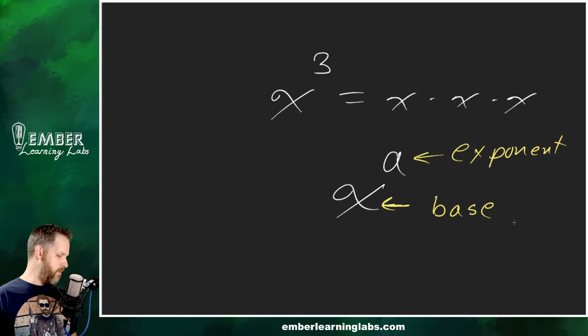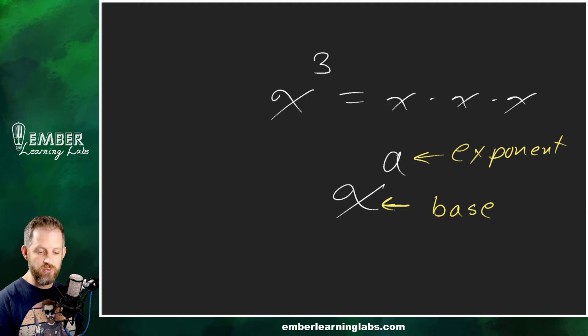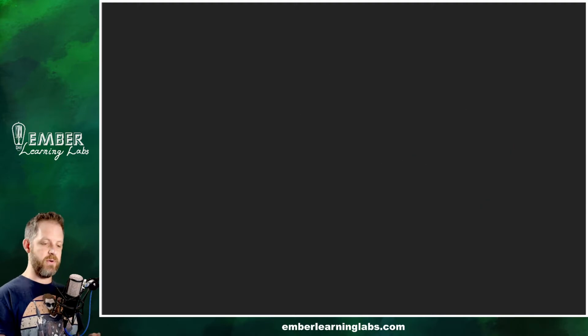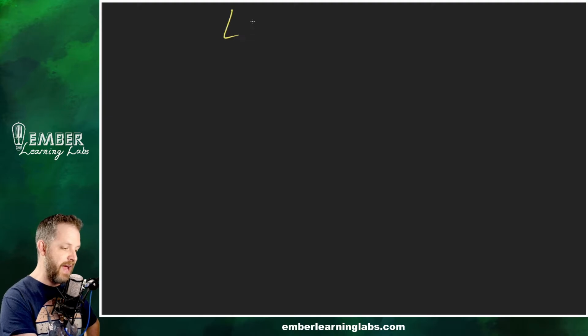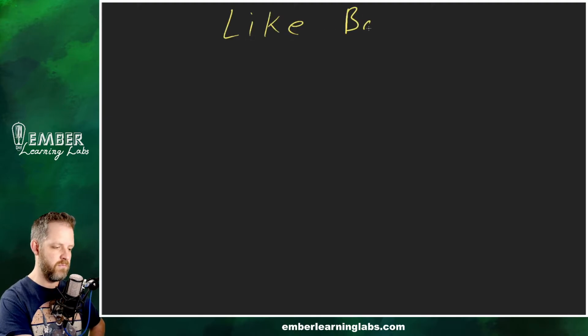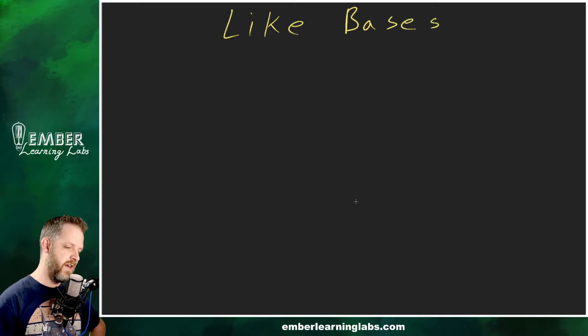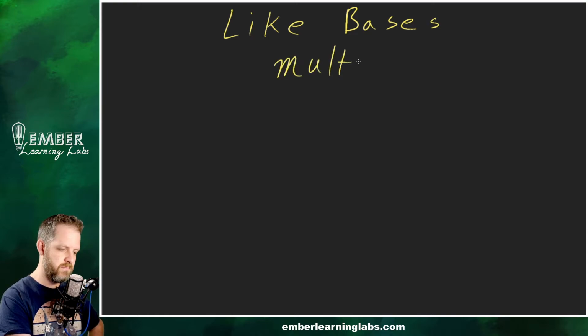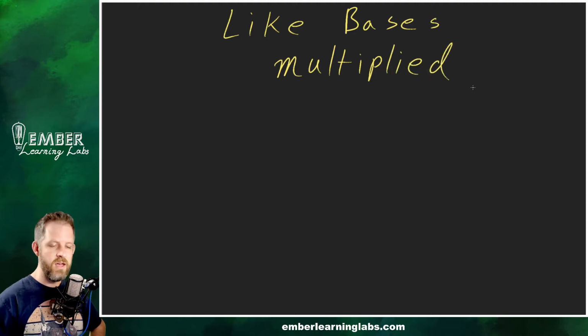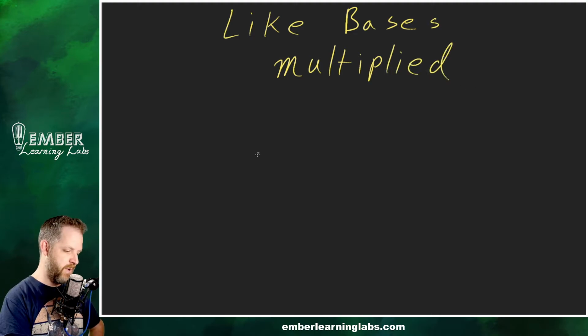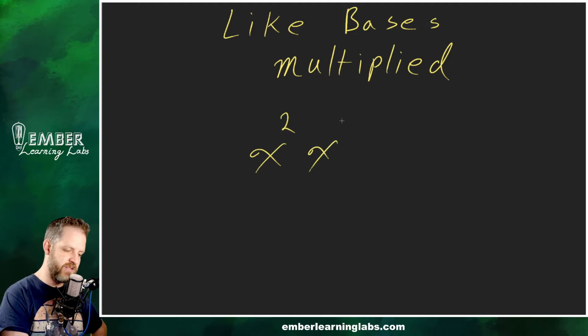All right. So the first rule that we're going to learn with exponents is if we have like bases, so the same number or letter, right? Like bases multiplied. So let's say we have x squared times x cubed.